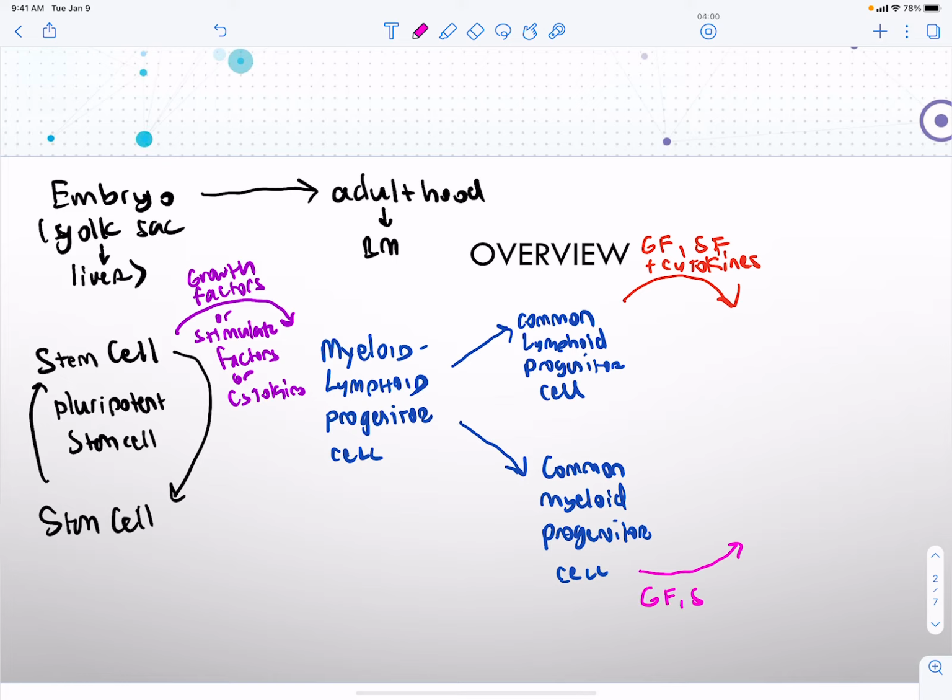Growth factors, stimulating factors, cytokines. And then these are going to become our myeloid cells, or they're going to become our lymphoid cells.